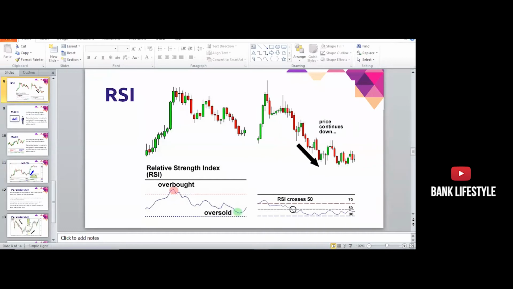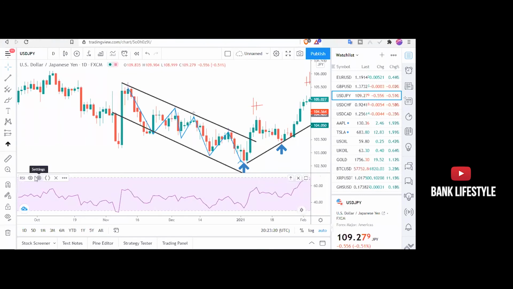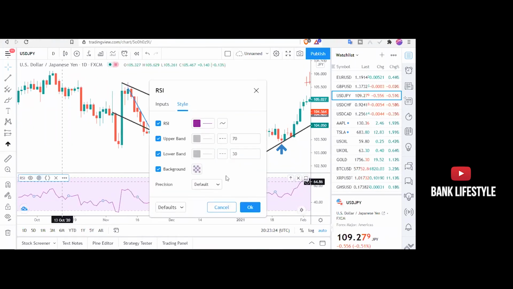Well, someone is going to ask, how do you even do the settings for the RSI to see the 70 upper band and the lower band? So you go to settings over here. You see the upper band here is set to 70. Someone could change it to, let's say, 80 or even 90, but the standard one traders use is 70 and the lower band of 30.